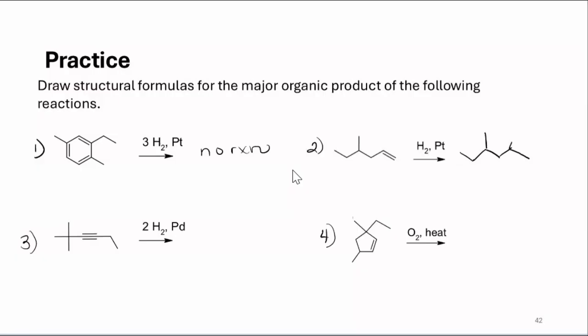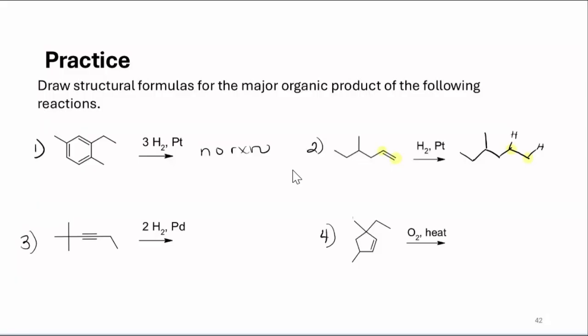Then each of the carbons that used to be double bonded receive a hydrogen. So if I use my highlighter tool, this is a carbon, this is a carbon. These are the carbons that used to be double bonded. Now each of them received a hydrogen.